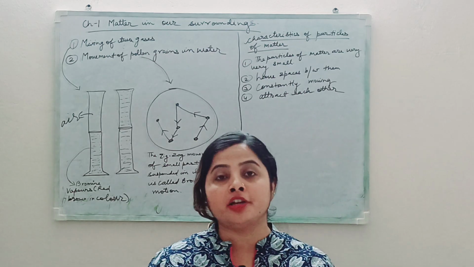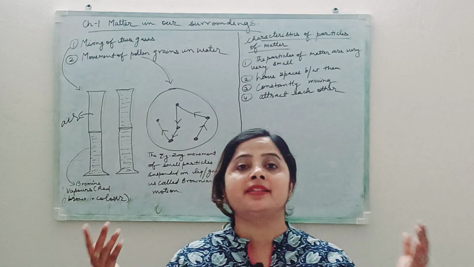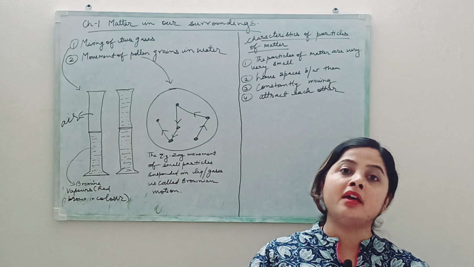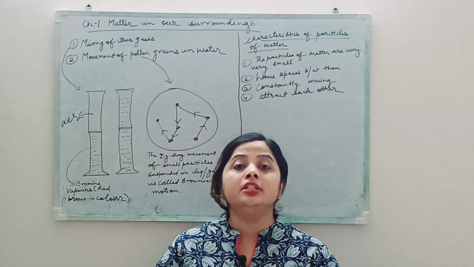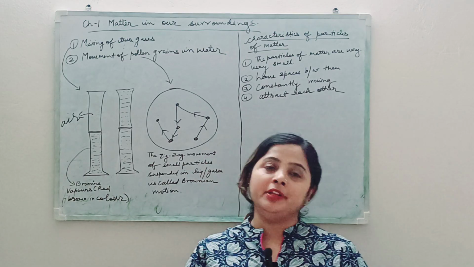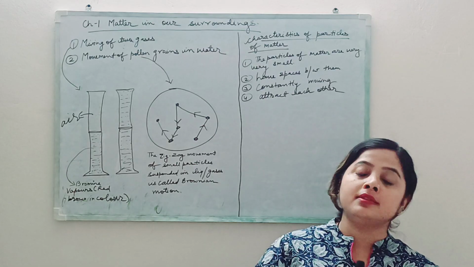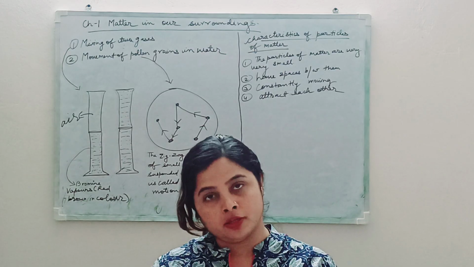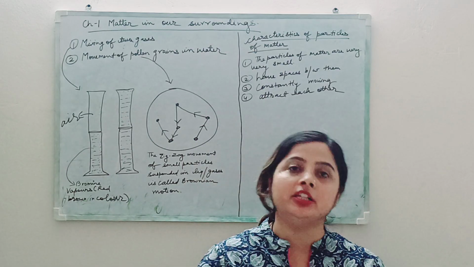Book, table, chair, sky, air, gas, liquid, all of these are matter because they are made up of tiny particles. If they are made up of tiny particles, it means they have a mass, and if they have a mass, they will occupy space. So I hope the concept of matter is clear to you.